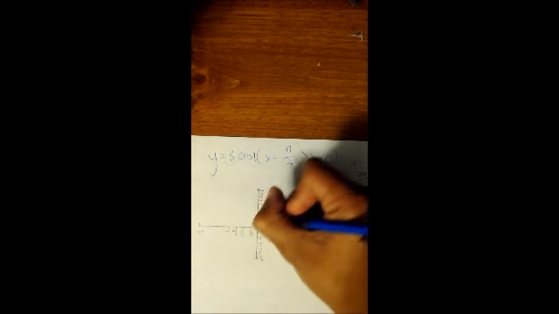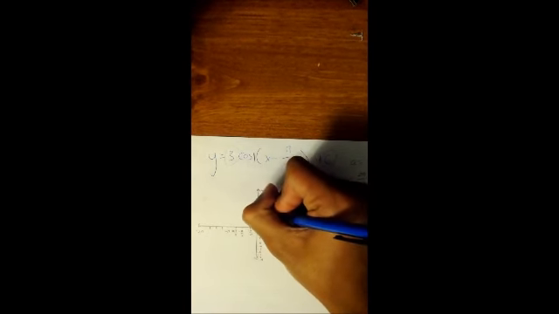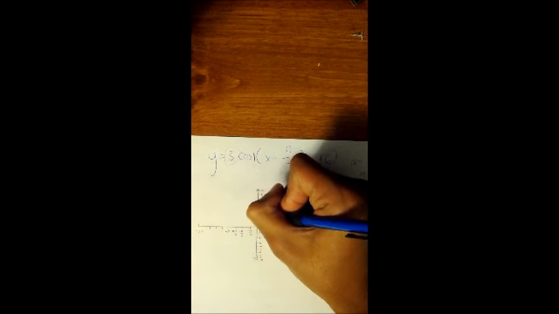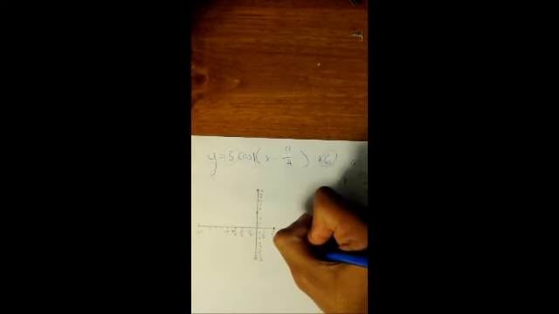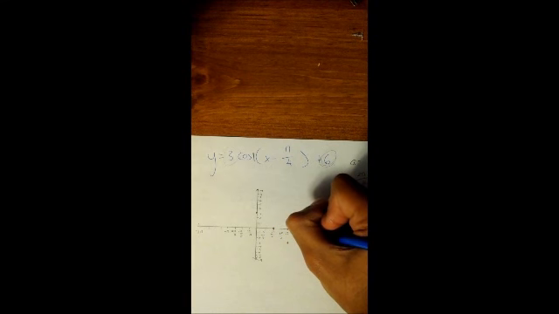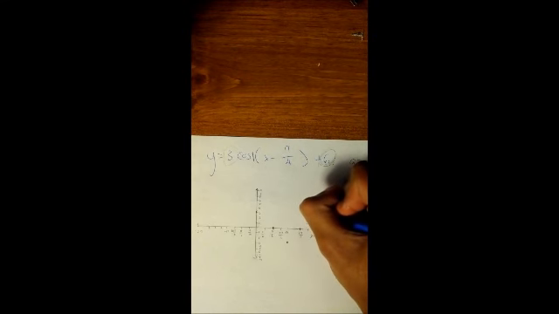So first, our first point is going to be at (0, 3), and then (pi over 2, 0), and then (pi, negative 3), and then (3 pi over 2, 0), and (2 pi, 3).